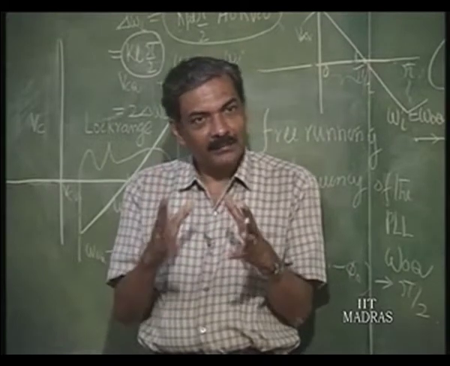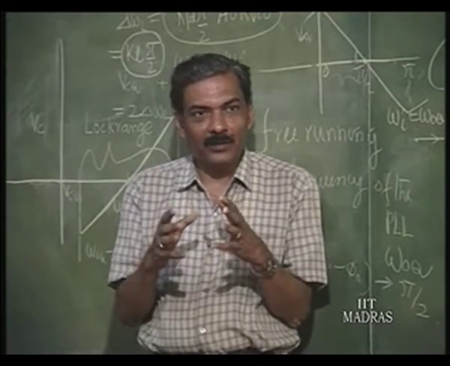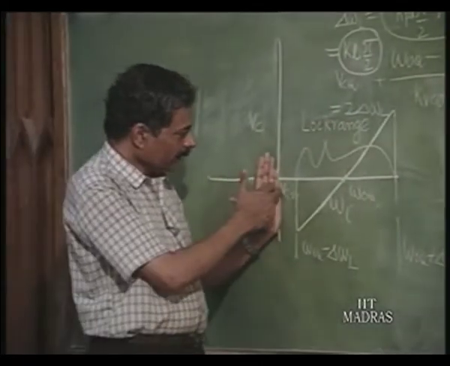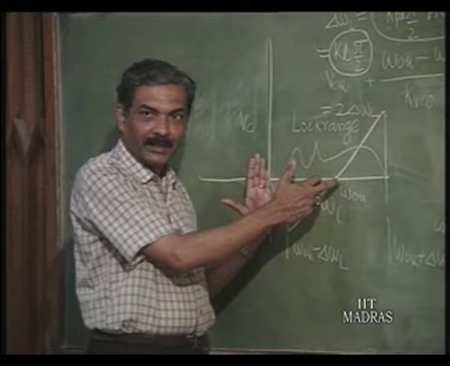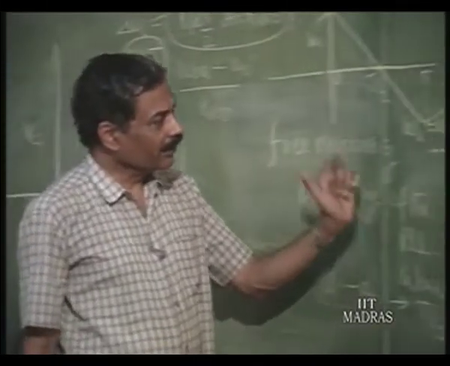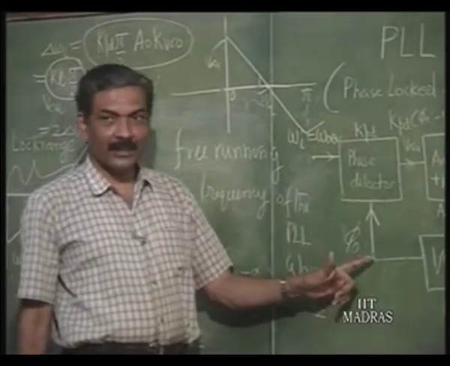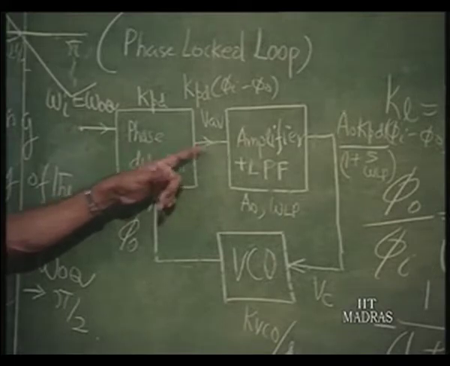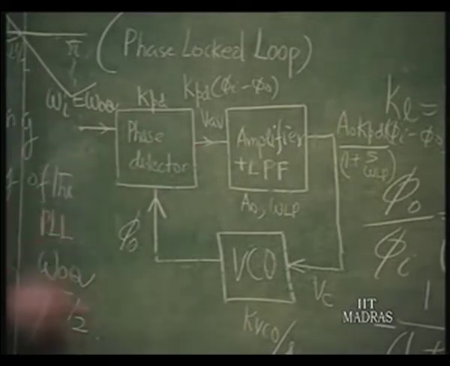Exactly a similar thing happens in the case of the phase lock loop. If omega I is far away from omega naught q, omega I minus omega naught q is the distance. What does it mean in terms of circuit? If omega I is far away from omega naught q, then omega I minus omega naught q and omega I plus omega naught q are both high frequency components. You understand this?